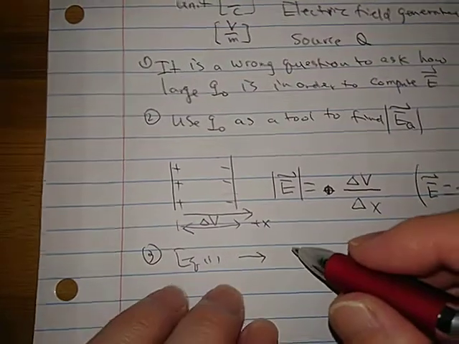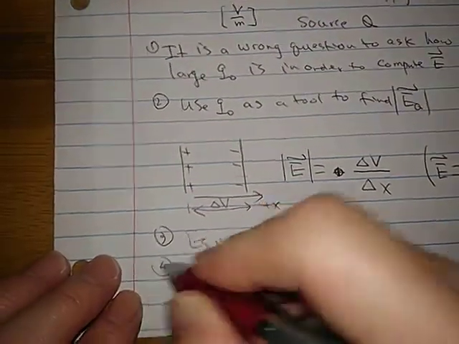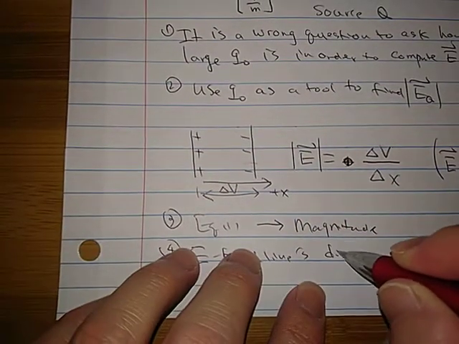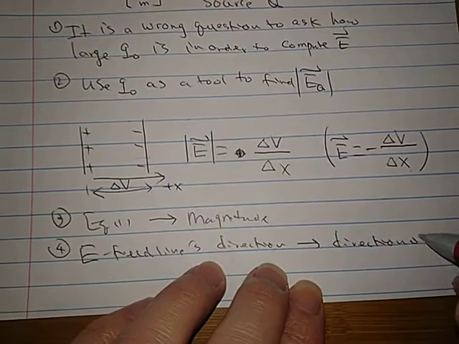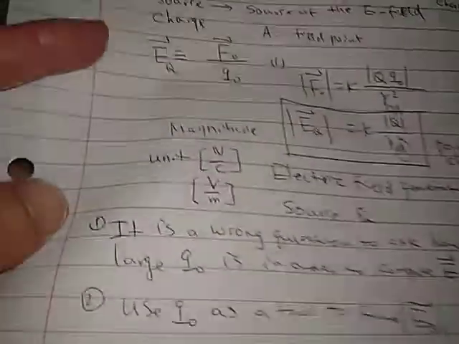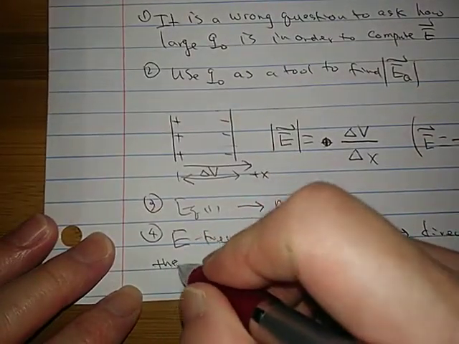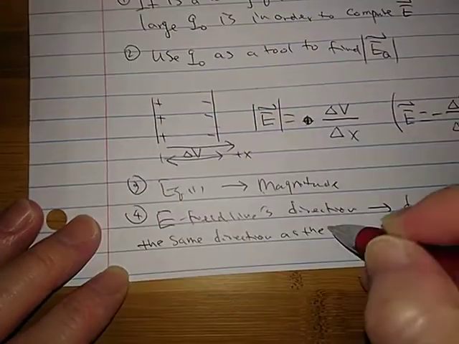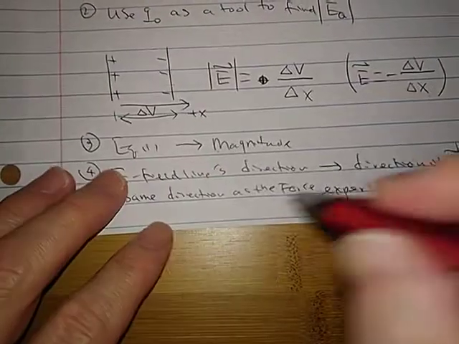Equation number 1 just tells you how to compute the magnitude, while the electric field lines, E field lines, to be more precise, the field line direction, tells you the direction of E. And this direction of E, if you look at our equation, is the same direction as the force direction experienced by the test charge.